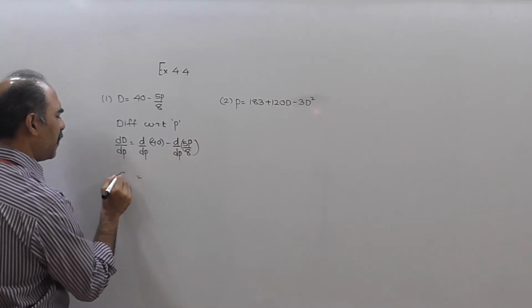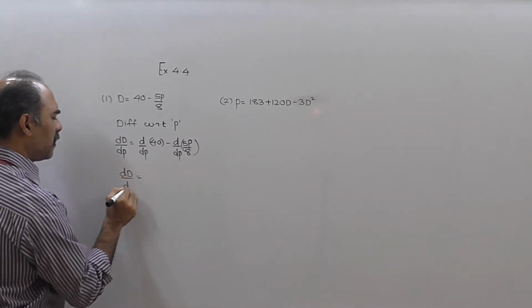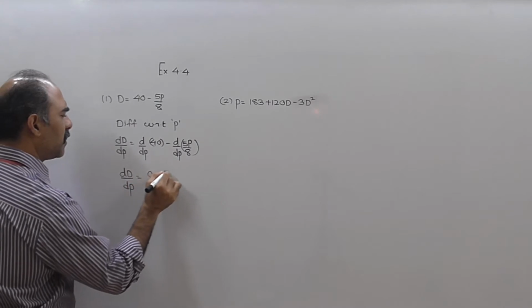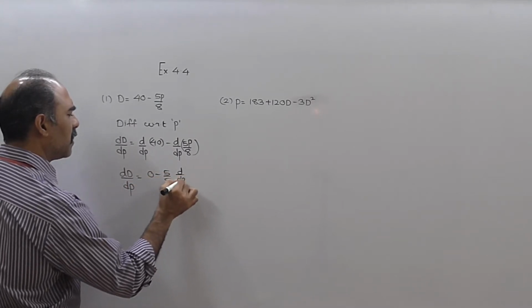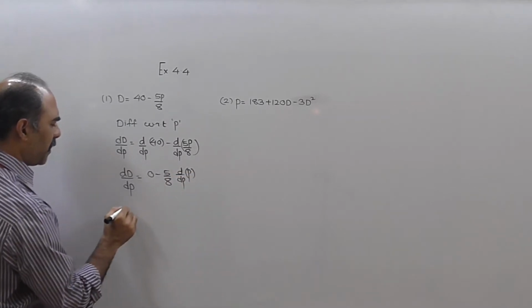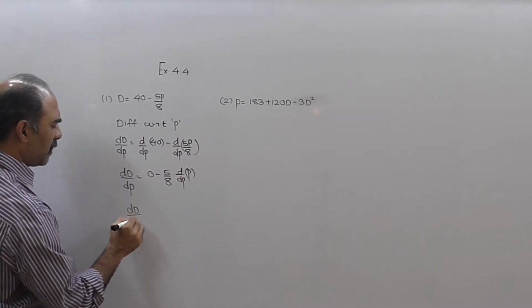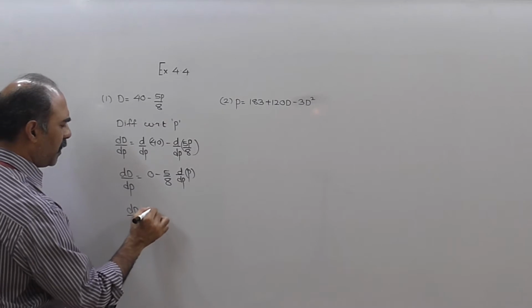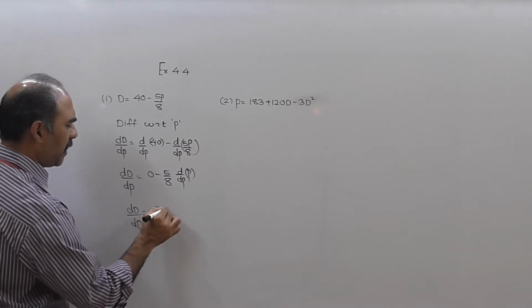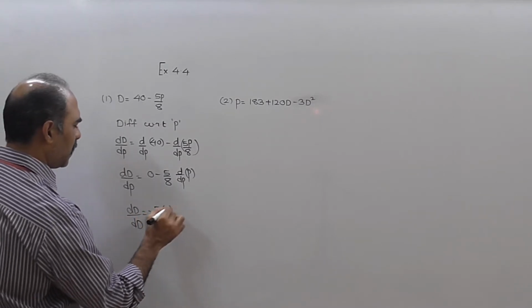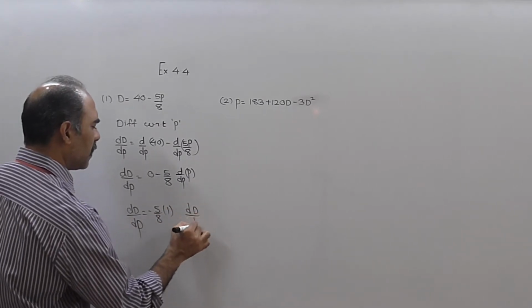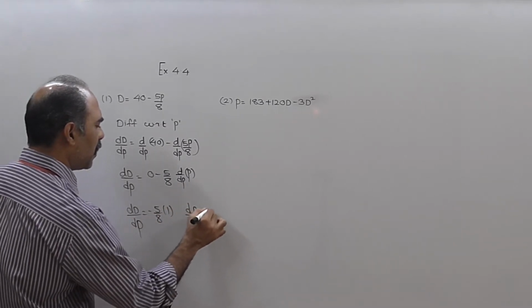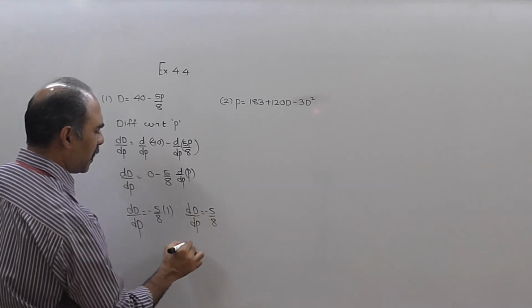So the derivative of 40 is 0 minus 5 upon 8 d by dp of p. So you get dD upon dp equal to minus 5 by 8. Derivative of p is 1. So we get dD upon dp equal to ultimately minus 5 by 8.